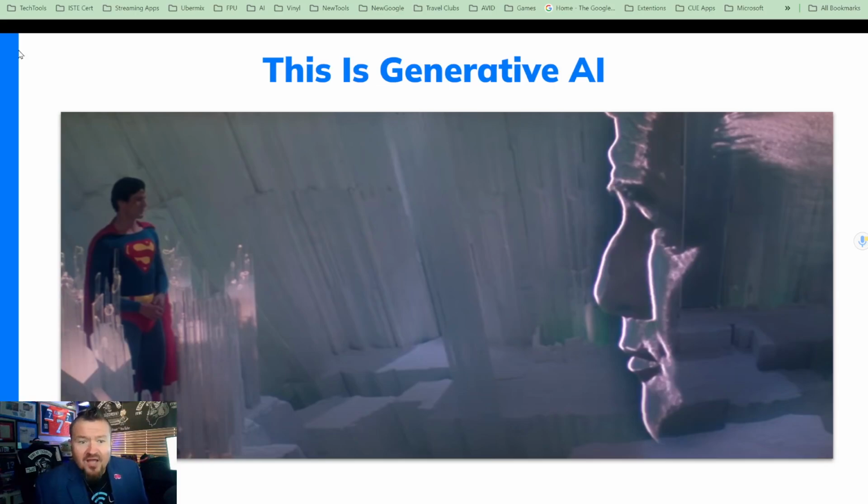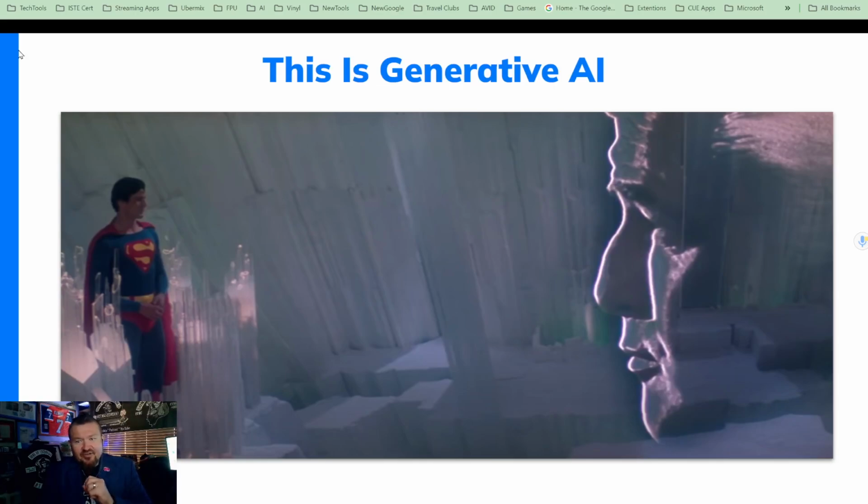And the response to all of Superman's questions were generated based upon all the data that was fed into the crystal. You see, his father is not giving pre-recorded lines to his son. His father is replying to his son. The input would be Superman's question.